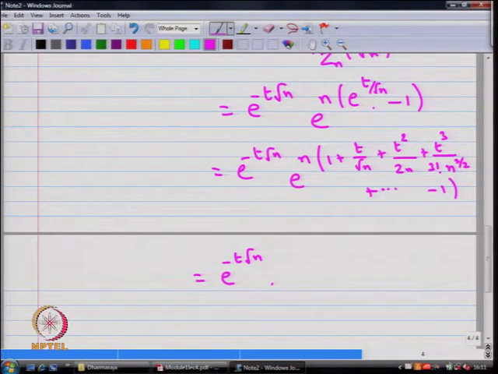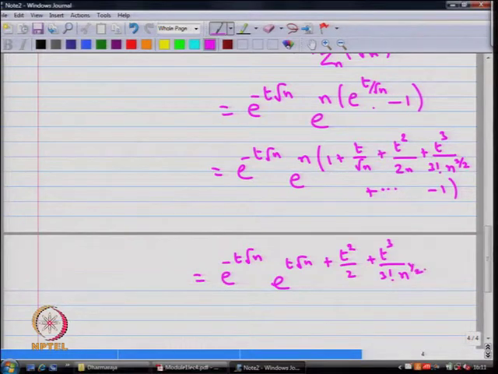So, you will get e power n times t by square root of n, that becomes t root n, and the next term becomes t square by 2, then t cube by 3 factorial n power 1 by 2 and so on.